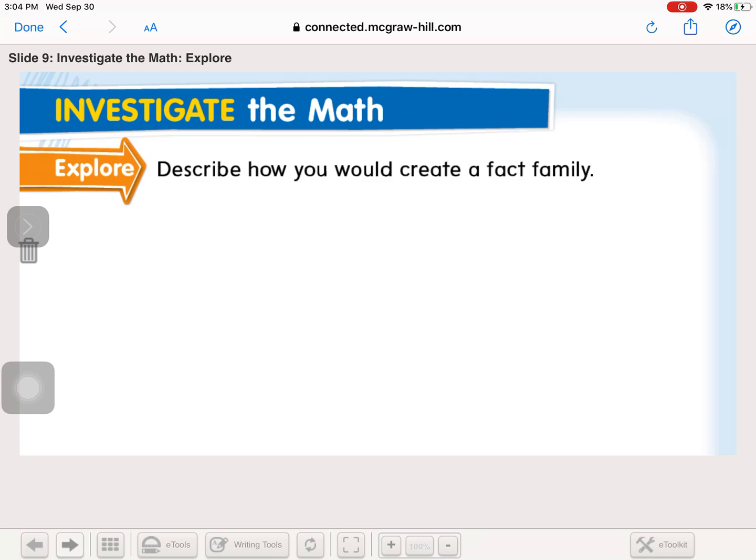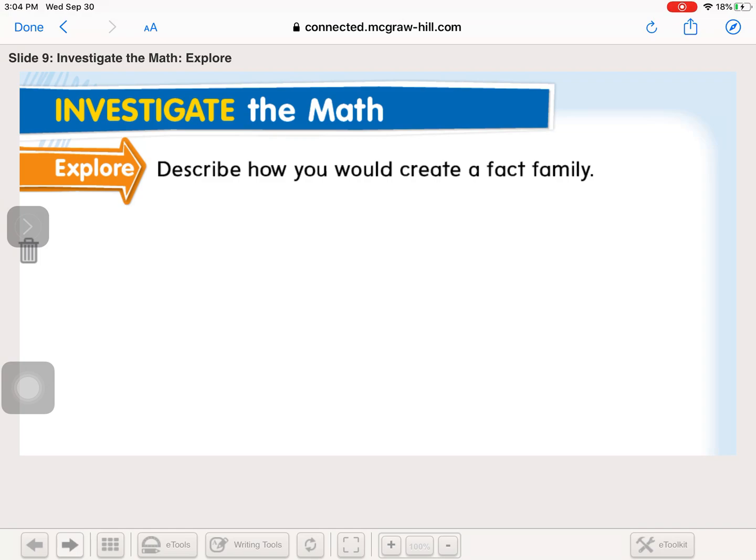All right, so describe how you would create a fact family. So we would create a fact family by starting with 2 parts, or even we could start with a whole and a part and have a missing part. And we need to find the answer to the first one. And then we'd be able to write it multiple ways and write the related facts as well.